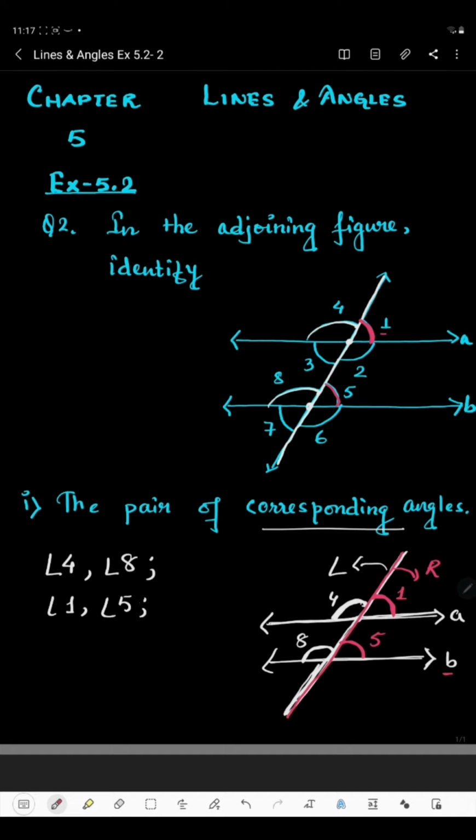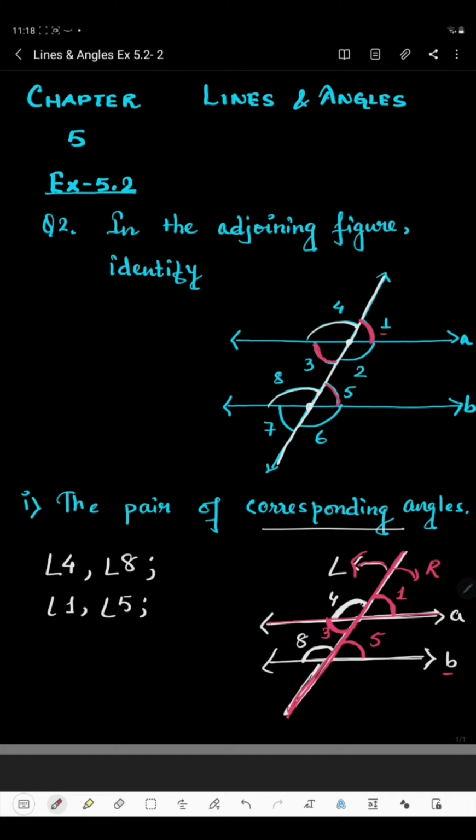Now we will see the left hand side of the transversal line. Left hand side means this side, but we will take the angles on the lower side of the parallel lines. Suppose I take parallel line A, then the lower side of parallel line A is this, which is angle 3 according to the figure.